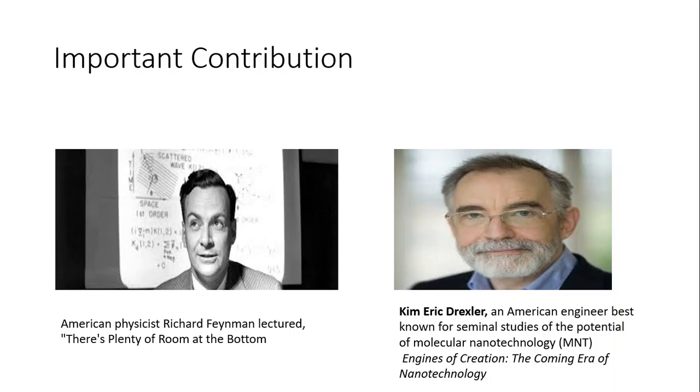He gave the vision that why cannot we write the entire 24 volumes of the Encyclopedia Britannica on the head of a pin. So he was a person who actually gave the vision of working on smaller scale.